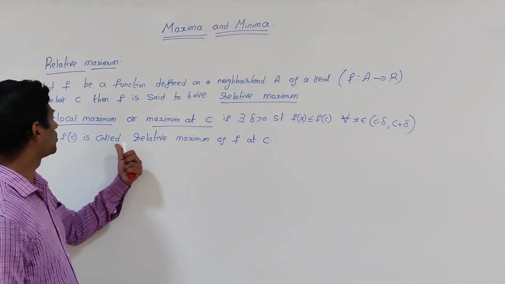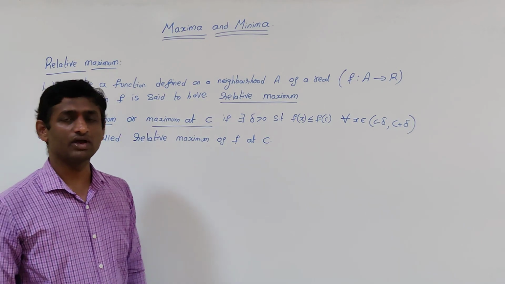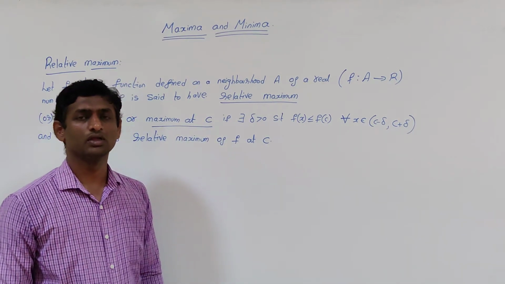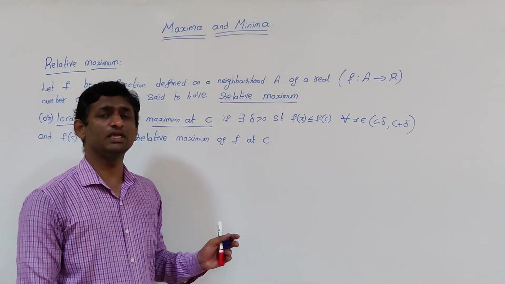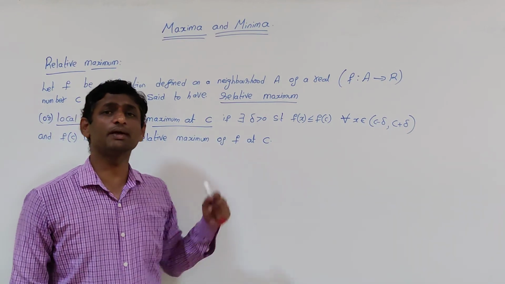Then f(C) is called a relative maximum of f at what point? C. So what is the difference between the relative maximum and global maximum?